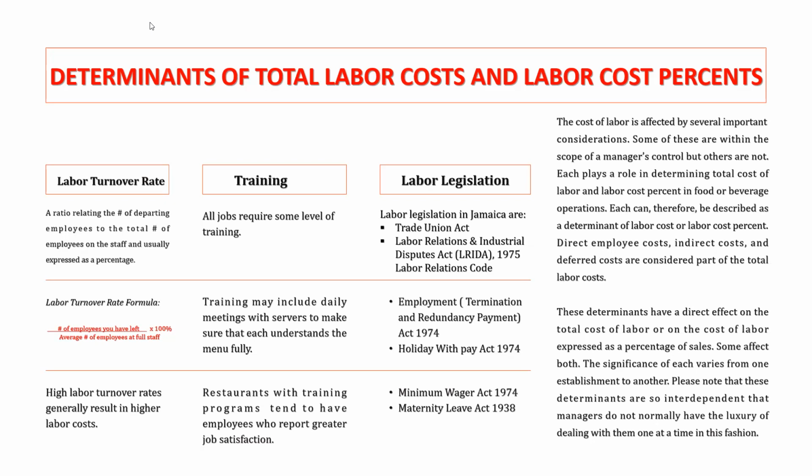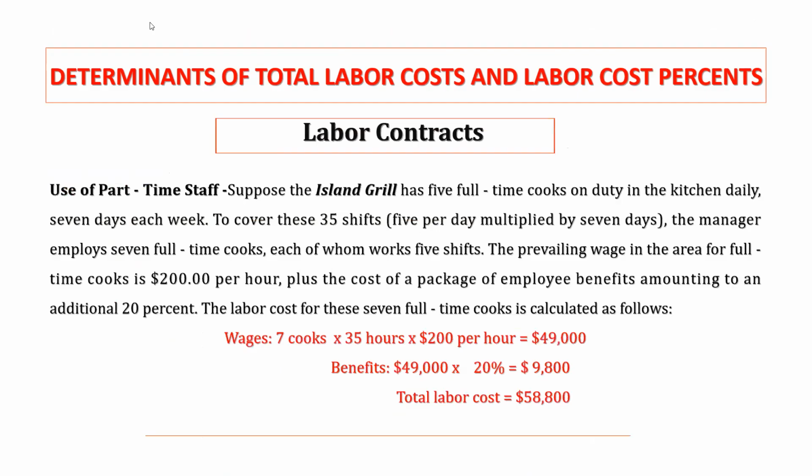In restaurants with good training programs, customers often report that they receive better service and that staff members appear to be more friendly and attentive. Where this is the case, the working environment is more pleasant, and this makes for a lower turnover rate.